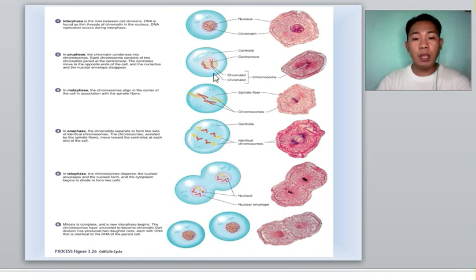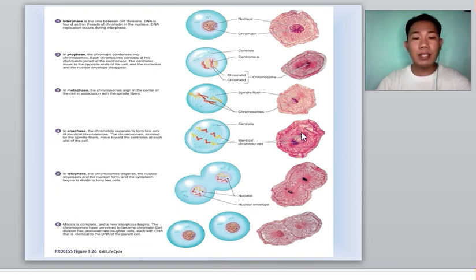In the metaphase stage, the chromosomes are aligned in the center of the cell in association with the spindle fibers. The purpose of aligning here at the center is for the balanced segregation of the genes for the daughter cells. Next is the anaphase stage.